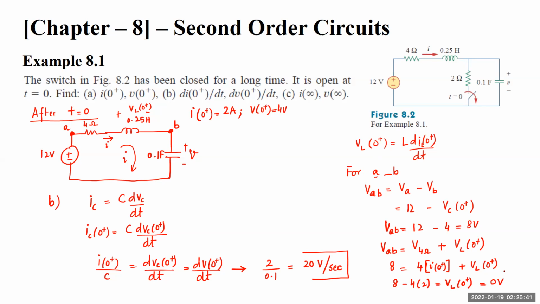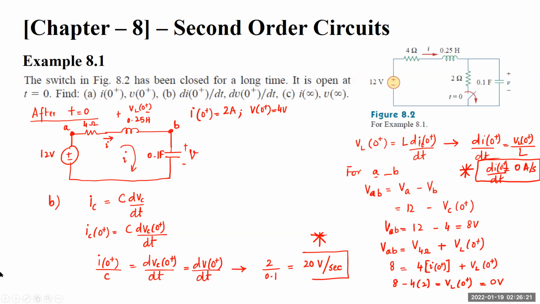So my VL(0+) is 0. That makes my di(0+)/dt equal to VL(0+)/L, and this becomes equal to 0 amperes per second. So my rate of change of current in this circuit will be determined by the inductor, and that value is 0. So my answers again: rate of change of current is 0, rate of change of voltage is 20 volts per second, right?